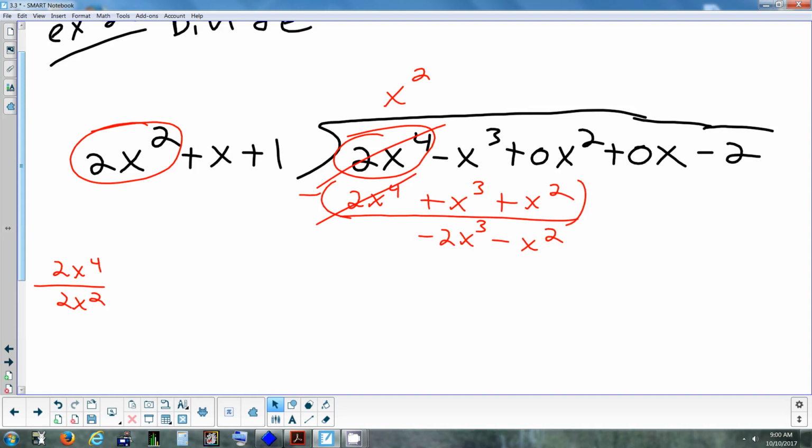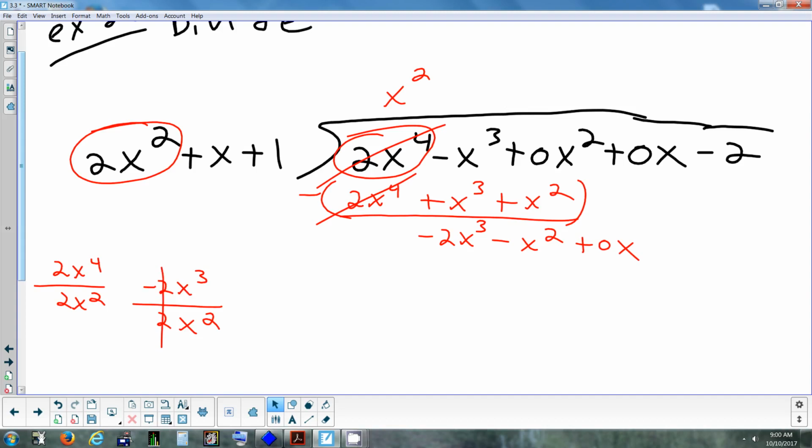Great. Now bring down your next term. Okay, now we'll do it again. So now the next step, we've got negative 2x cubed divided by 2x squared. Trevor, what's that going to come out to? Negative x, yep, the 2's cancel.